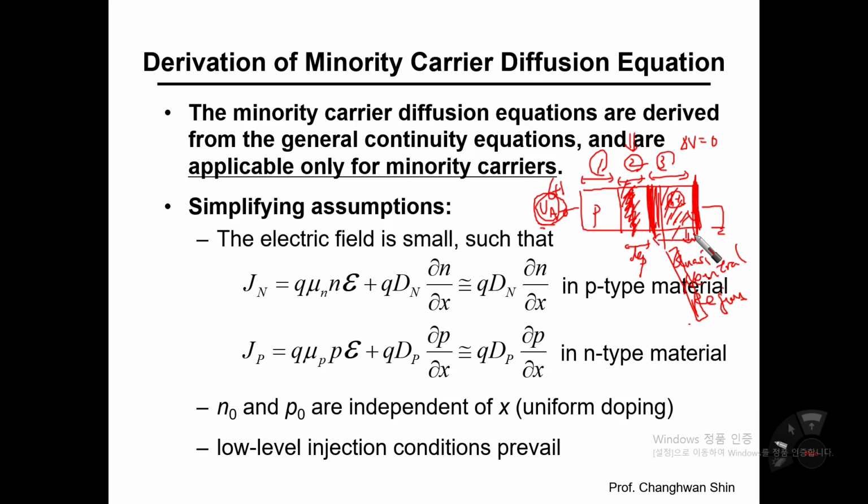So within this quasi-neutral region, delta V is zero.